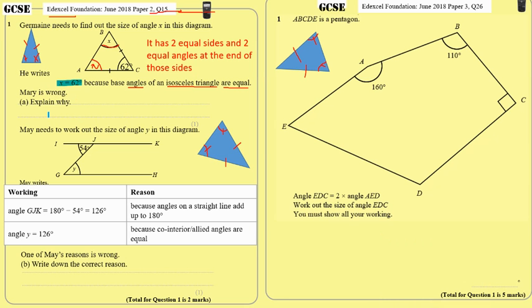So we need to say 62 is not one of the equal angles because it's not at the end of the equal sides. This is why I wrote down this sentence for you. So you just use this, partially saying 62 is not one of the equal angles at the end of the equal sides.